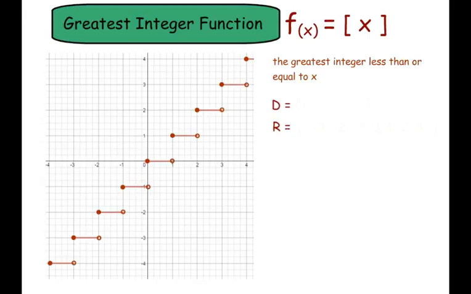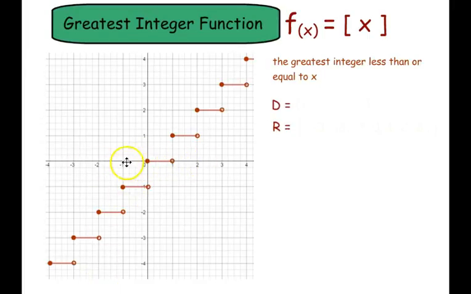The last of the 12 basic functions that we'll have a look at, that we don't work with very much this year, is the greatest integer function. And what the greatest integer function does is it returns the greatest integer that is less than or equal to a given value. So let's take a look. Let's take -1.5.